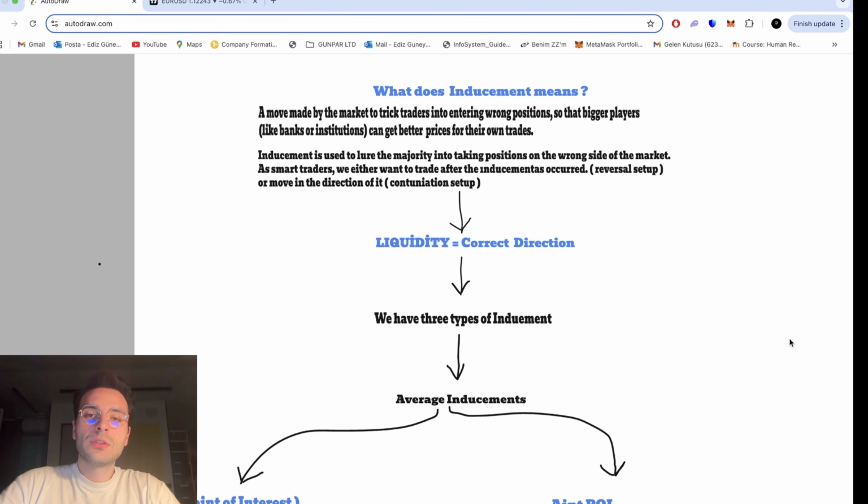Inducement is used to lure the majority into taking positions on the wrong side of the market. As smart traders, we either want to trade after the inducement occurs, which is a reversal setup, or move in the direction of it, which is a continuation setup. Liquidity equals correct direction. Remember, money always follows the liquidity.